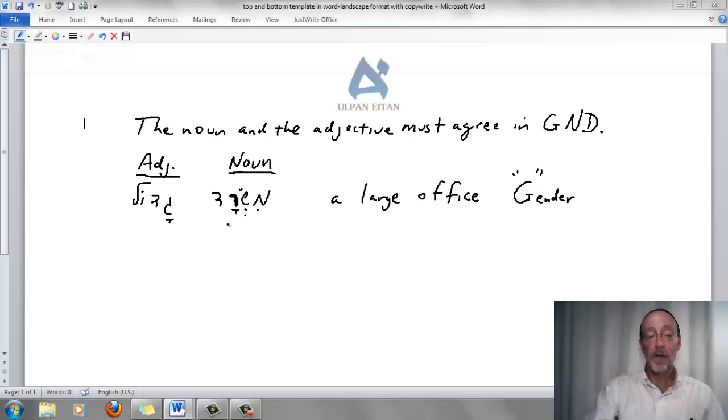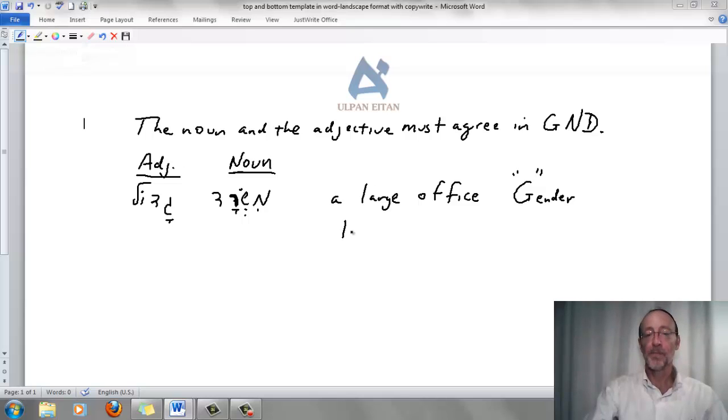What's the gender of this noun, misrad? I'm sure you can answer that right away, quickly. Does it end in a hey or tav? Nope. There it is, masculine, and it happens to be singular. Really, that concept of singular is going to be taken care of in the next rule, as it were.